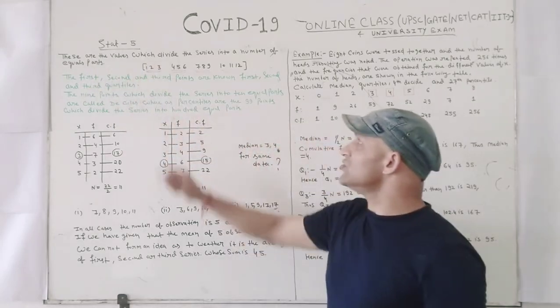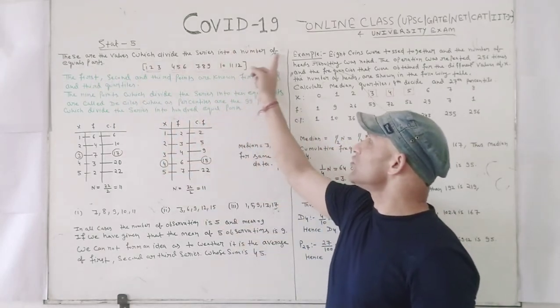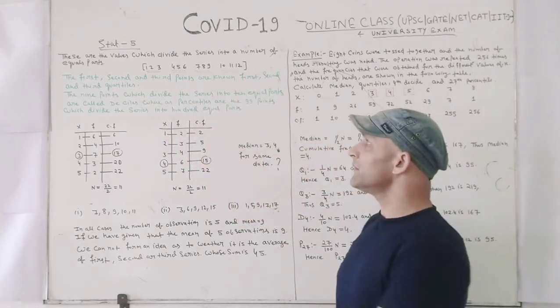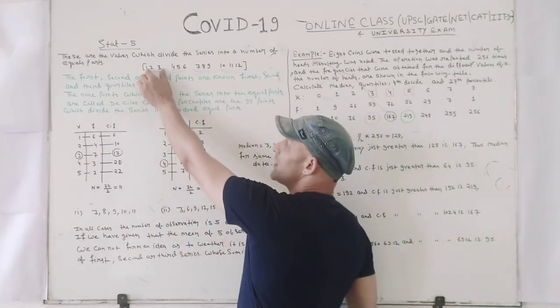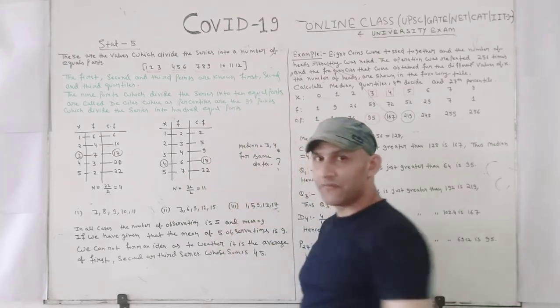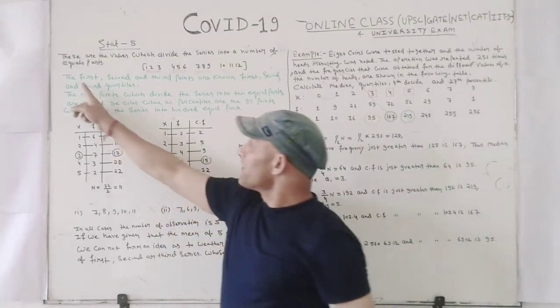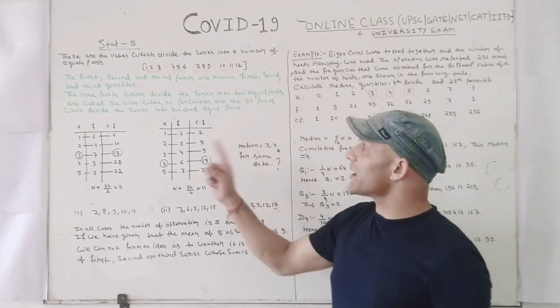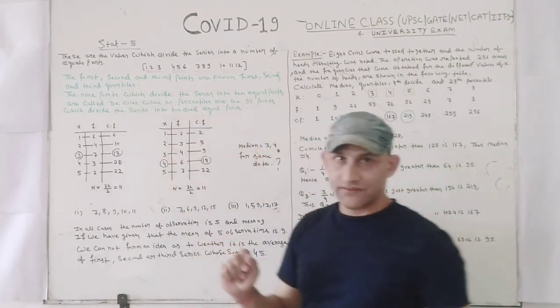These are the values which divide the series into a number of equal parts. Here you can see that this is the data, and we divide it in 3 parts. The first, second and third points are known as first, second and third quartiles.